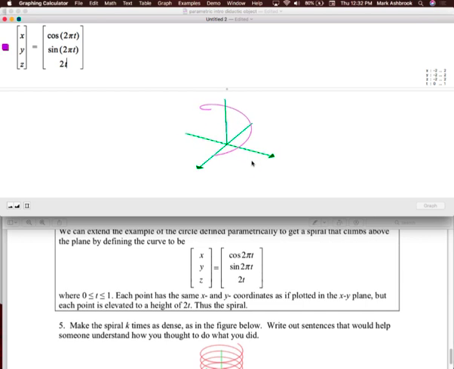So what do I want to do? I want to show more of z, right? So how do you get that much if t is equal from 0 to 1?